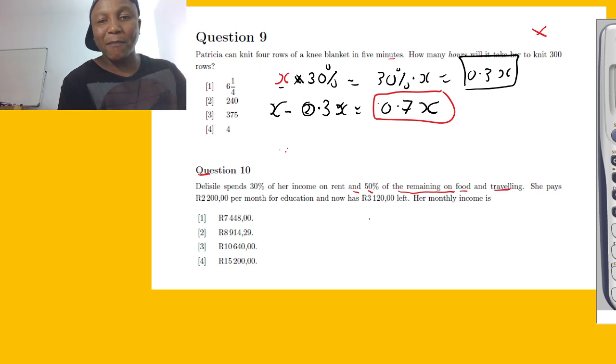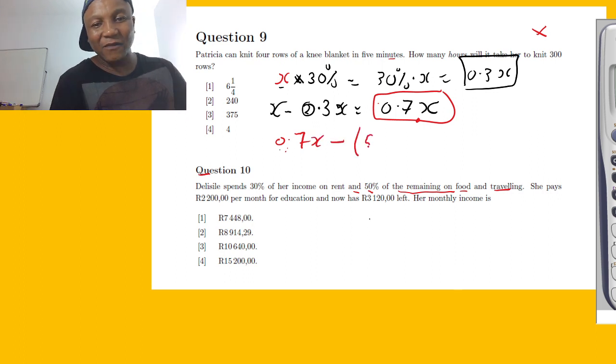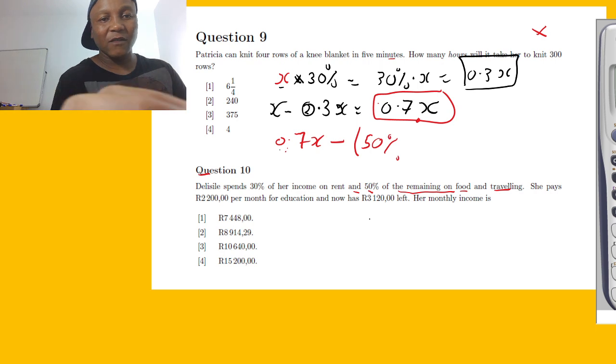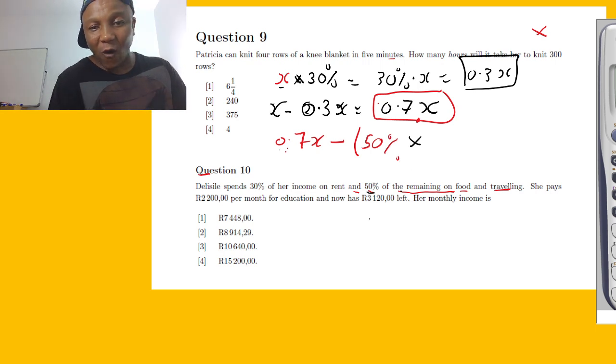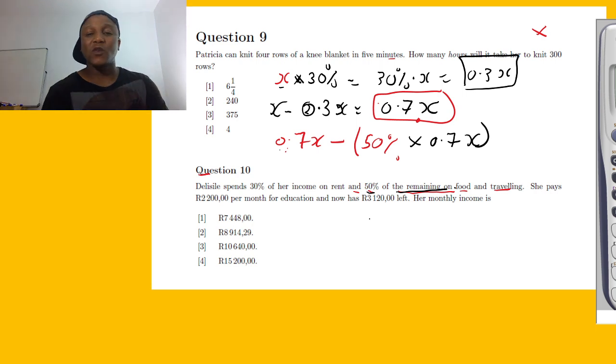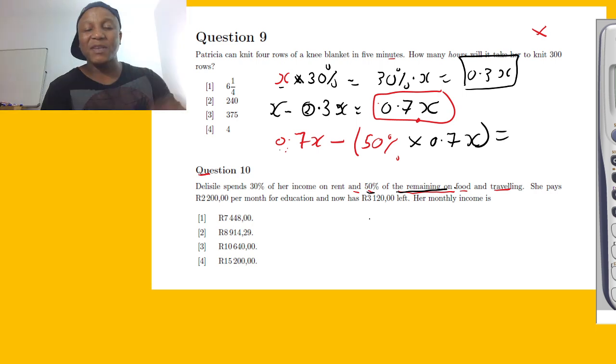So the remaining is this one, minus 50% of the remaining. What is the remaining? 0.7X.